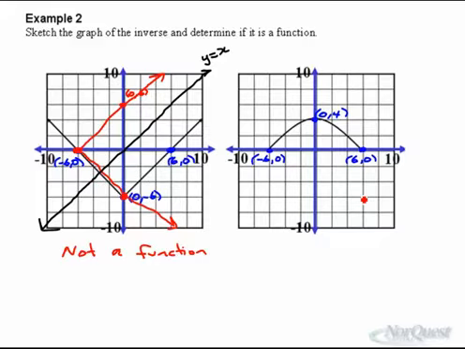So I'm going to use 0, 6 as one of my starting points, and I'm going to go to 4, 0. That's half my curve. So I'm going to go 0, 6 to 4, 0. So there's part of my curve. And the other one I'm going to go to is negative 6, 0.